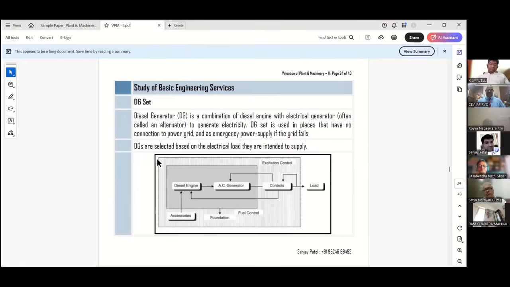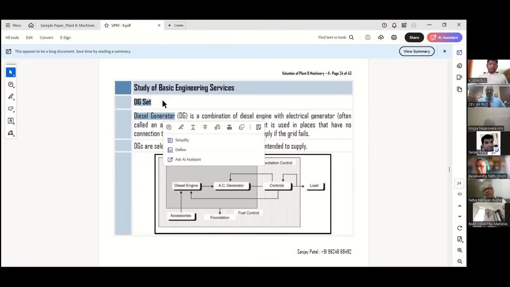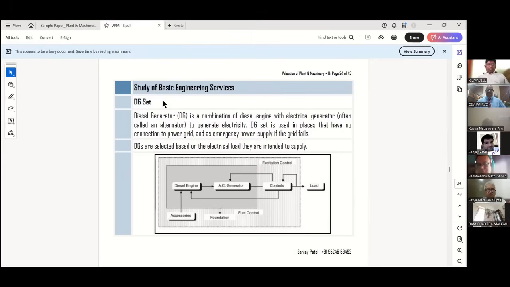DG set. What is the function of a DG set? Converting chemical energy to electrical energy. Generating electrical energy. Yes. So how is electrical energy generated? From diesel to electrical.